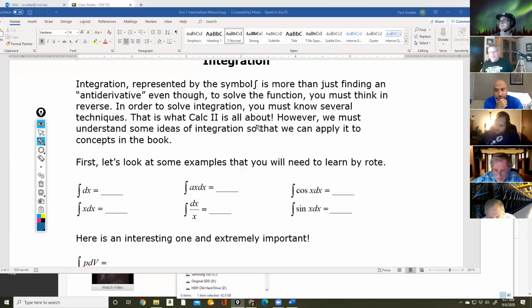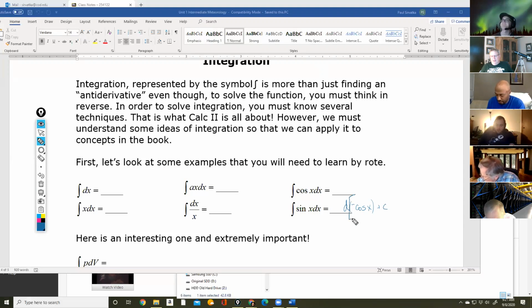So in this case, let's look at this guy over here. What would the answer be? If I took the derivative of what is the sine of x? Minus cosine x plus c. Well, it's going to be cosine of x plus a constant. Remember the plus a constant.